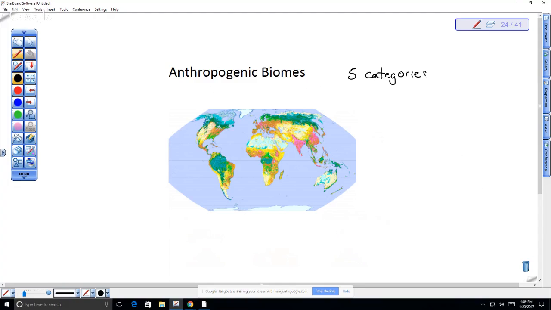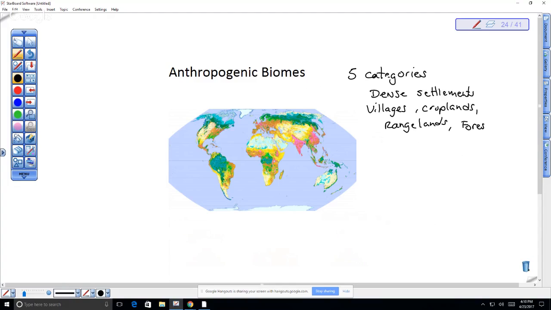These are human-made biomes. We have cities, which are dense settlements. We have villages. I don't know, Pendleton might be a village. And croplands. We have rangelands. Think about BLM land. And then we have forested lands.